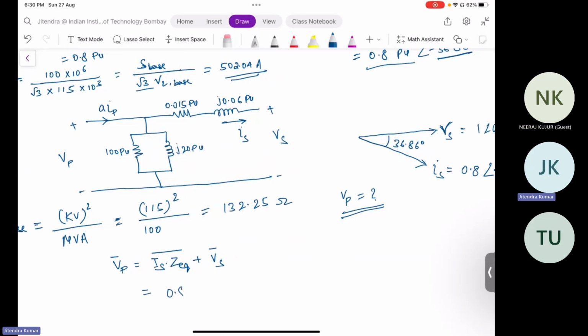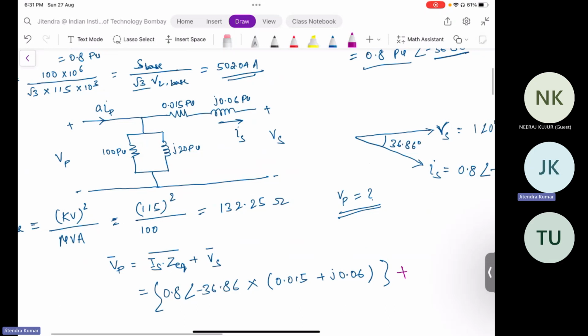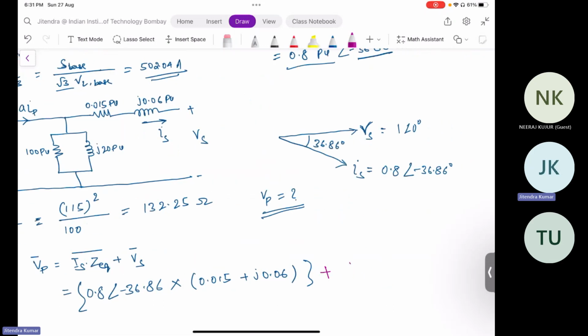So Is is 0.8 angle minus 36.86 into Z equivalent, which will be 0.015 plus j0.06, right? So this is the one part, Is Ze, plus Vs, which is 1 angle 0.